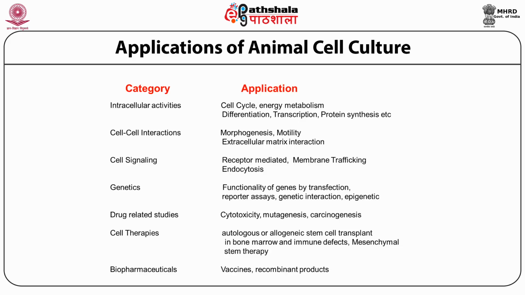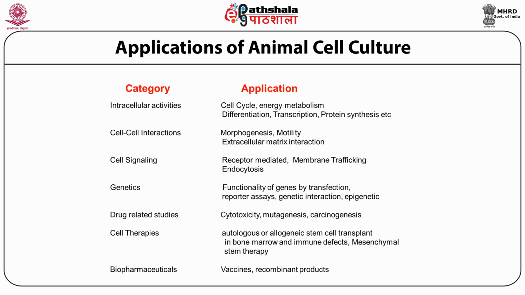And most importantly, cells are a less expensive way to do toxicity testing for new drugs, for process of mutagenesis and carcinogenesis protocols. Stem cell therapy is very popular in diseases related to bone marrow defects and immune disorders.